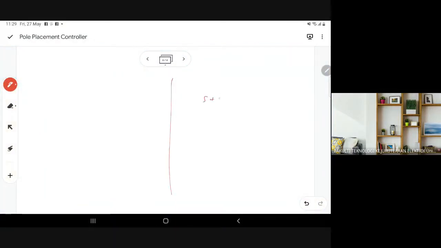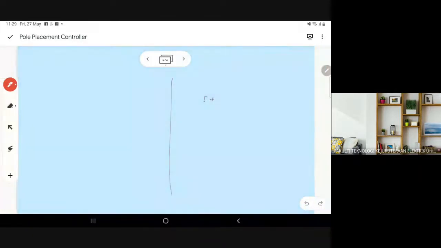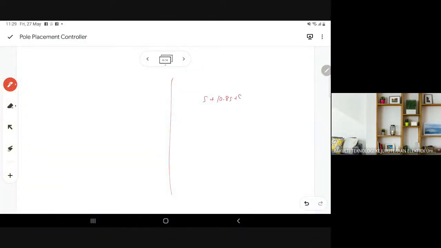S plus 81, S plus 5.1. This is our third pole. Because the pole location at the side is still the same, it means that this is 20, S plus 5.